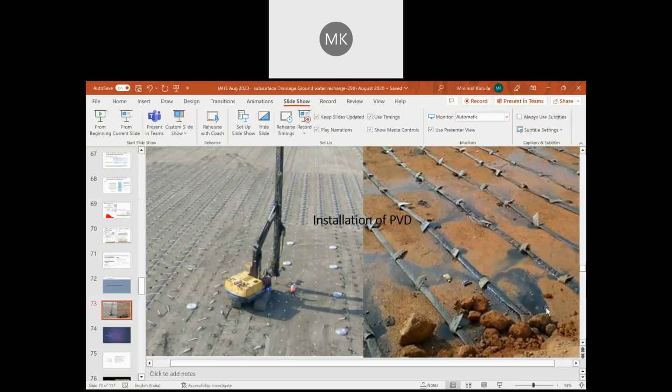The drainage net creates a space which will attract the water towards it. And the geotextile filter on either side will allow the water to go to the annular space and hold the soil particles there.